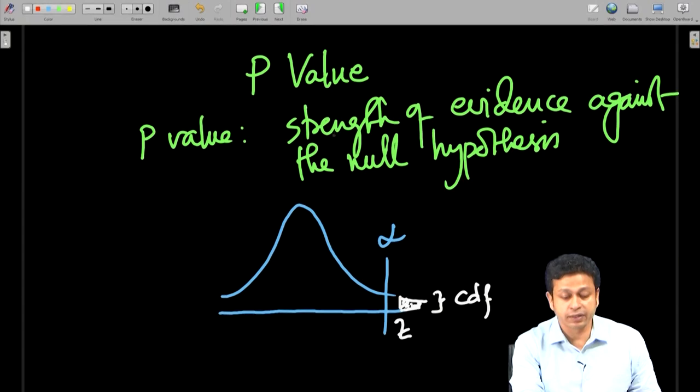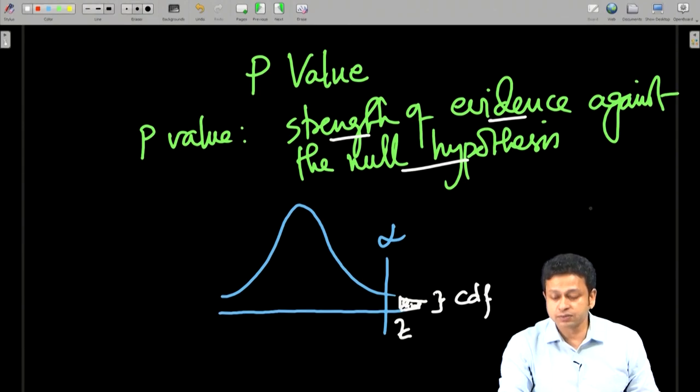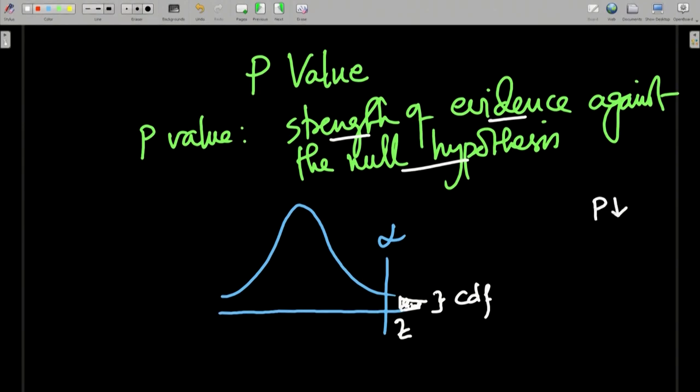Okay. So, again going back to the wordings, we have strength of evidence against the null hypothesis. So, for a very low p-value we reject the null. Okay. And for a high p-value, let us say my p-value is here, I will use a different color, let us say my z is here.